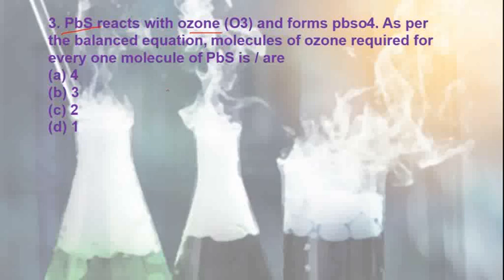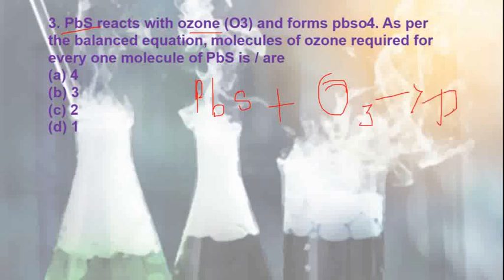So lead sulfide plus O3 are getting reacted and the product is PbSO4, and we need to form a balanced chemical equation. Then we can get how many molecules of ozone are required to react with PbS.